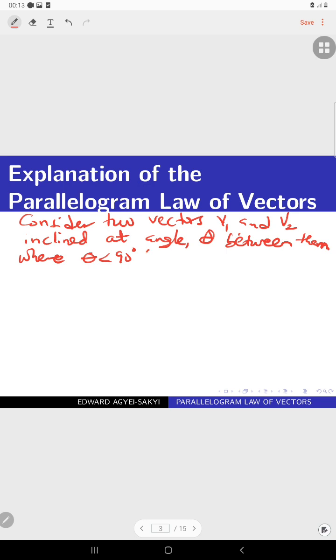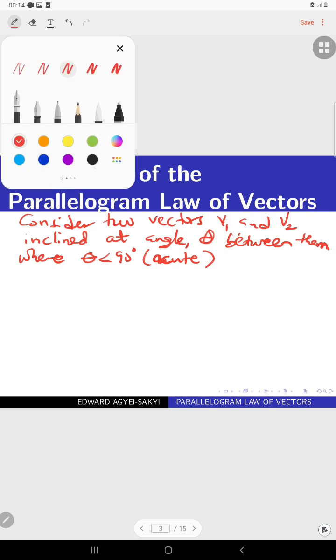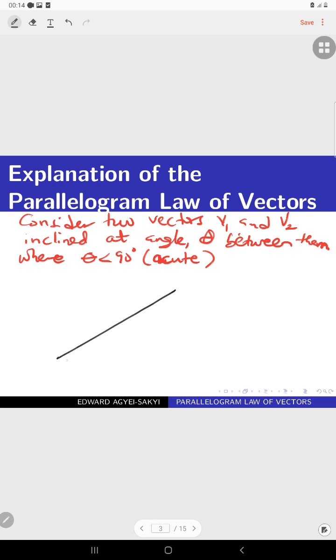If theta is less than 90, then of course it is an acute angle. Then if I want to apply the law, what is the law saying? Let's call this V1, let's call this V2.